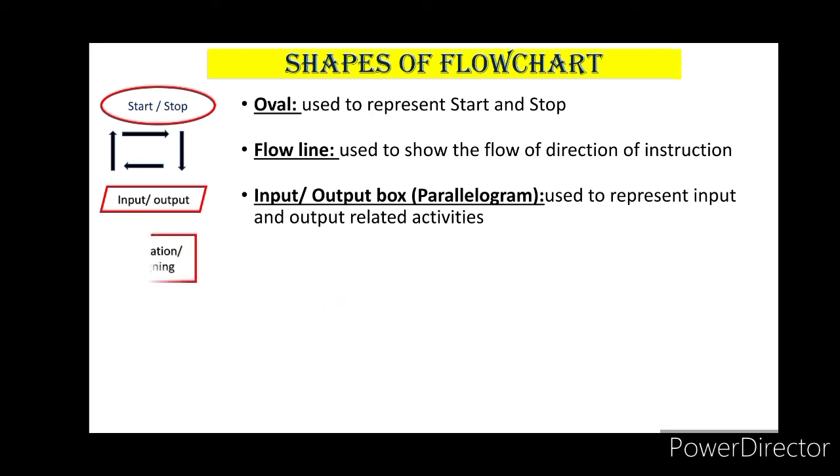that can also be used to represent. Okay, another is the rectangular box. This rectangular box is also known as the processing box. Processing means it is used to represent different calculations and assigning. Assigning means storing, like a equal to 5, that 5 is assigning a value to a variable a. That is the assignment.